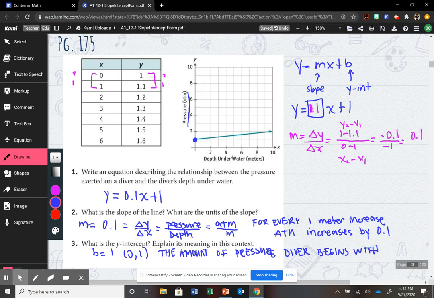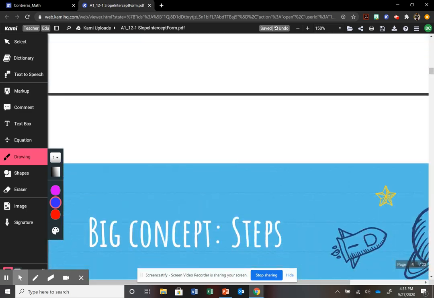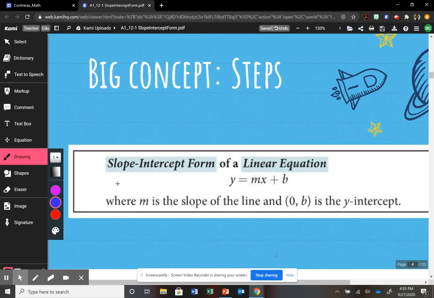So that means our diver began at 0 meters and had 1 ATM.